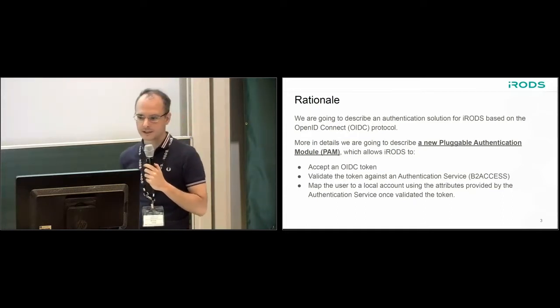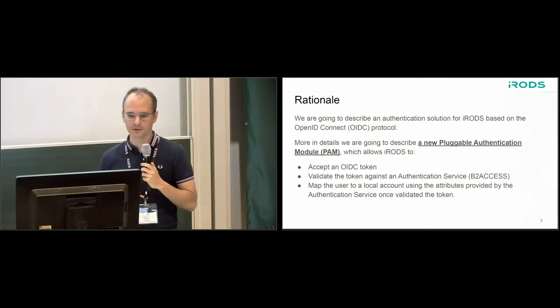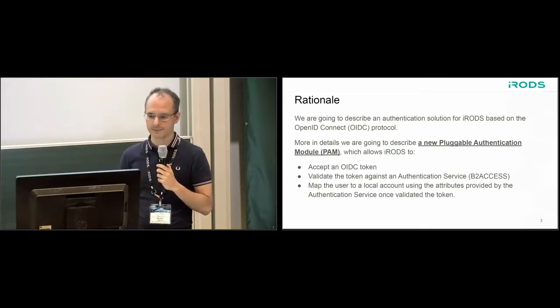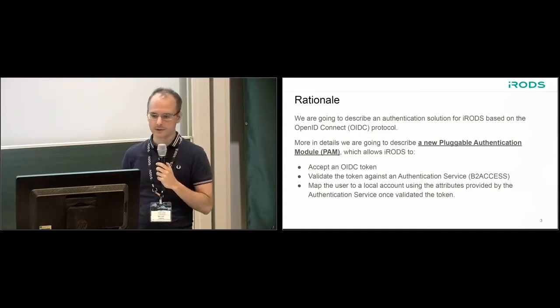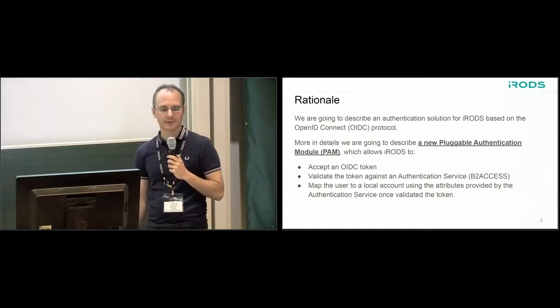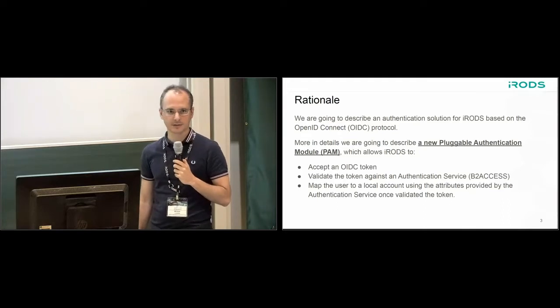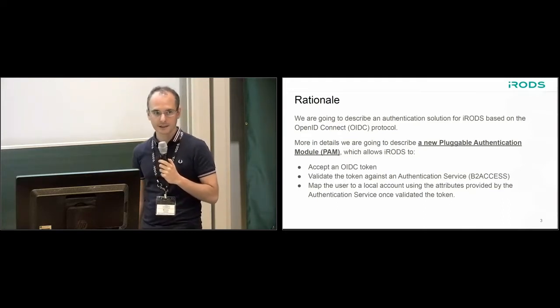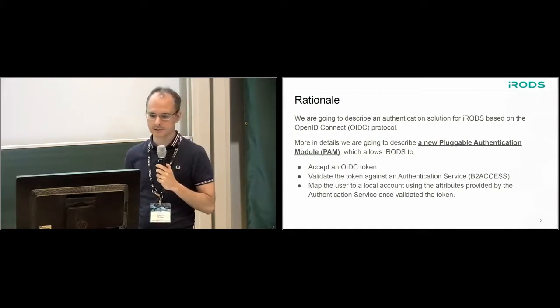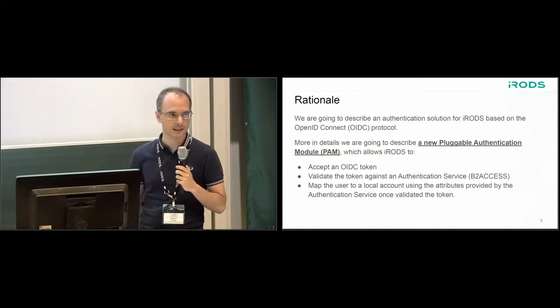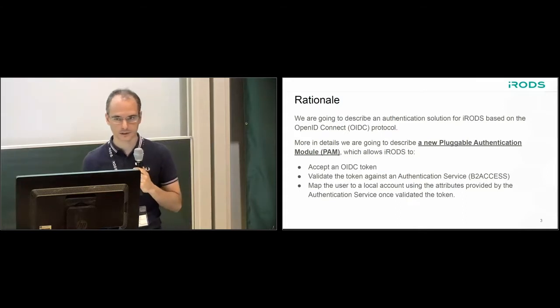And more in detail, we are describing this new pluggable authentication module, PAM, which allows to accept an OIDC token, first of all, to validate the token, because the token should be validated by the authentication service. And finally, once the token has been validated and the user is authenticated, the user should be mapped to the local account, local to the system on the site.